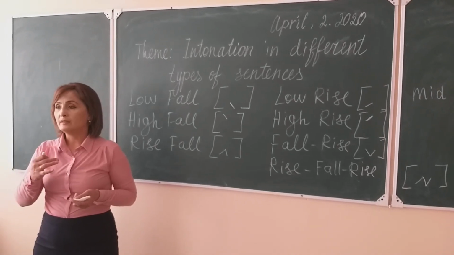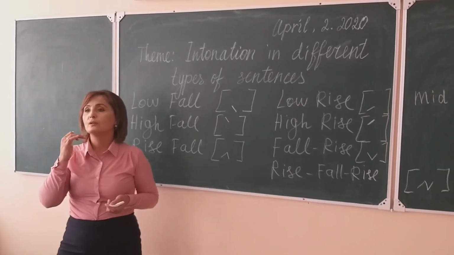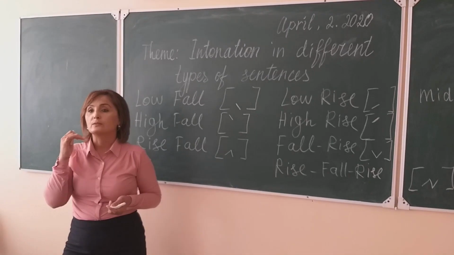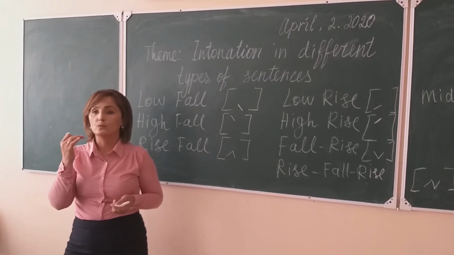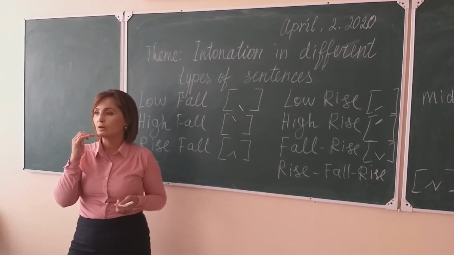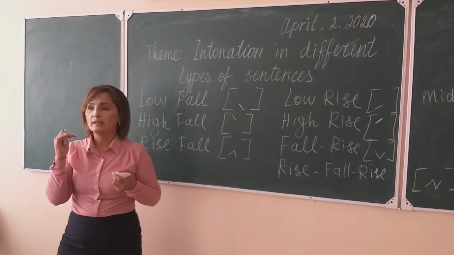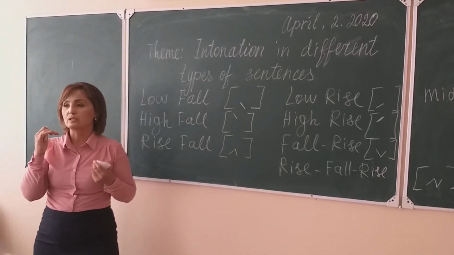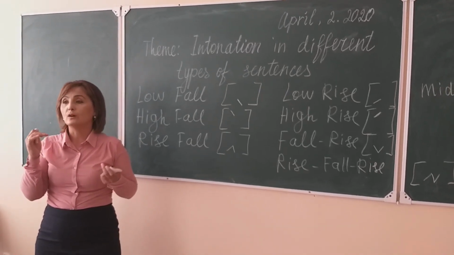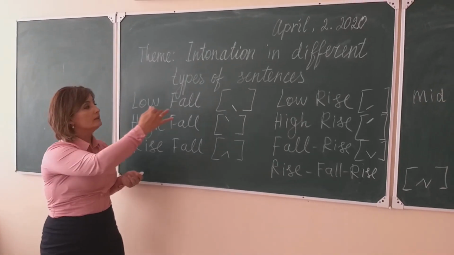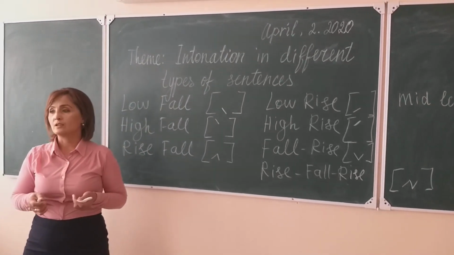In order to manage, the teacher should be able to attract all the listeners' attention with his or her attractive speech. How can a teacher make his or her speech attractive? Of course, with the help of these different types of intonation.